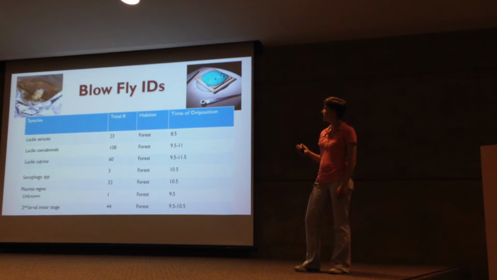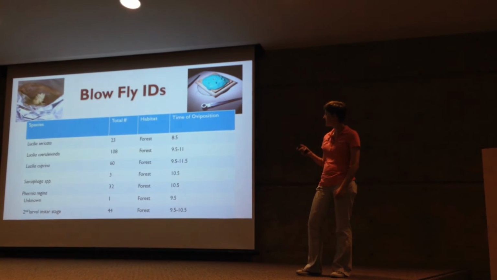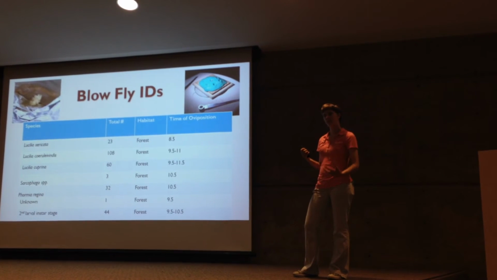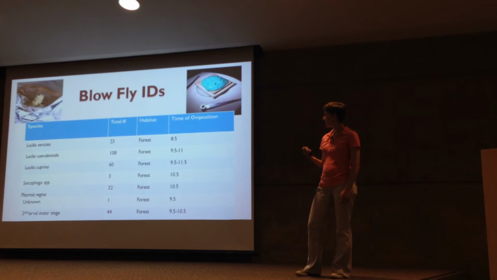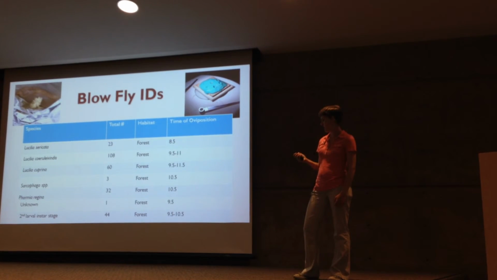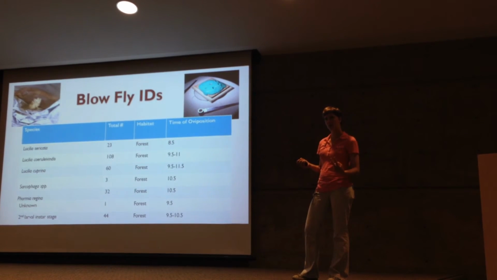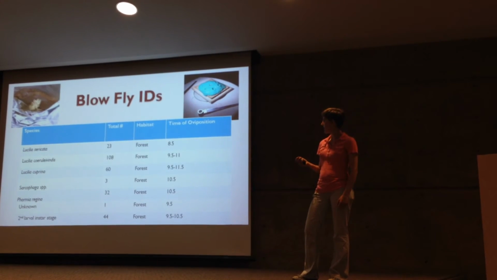I've been working on IDing the blowflies, maggots, and so far I've found a wide variety, with Lucilia cordialis being the most common. So far, the 2 replications from the prairie that have had eggs have not developed enough to be able to ID them yet.